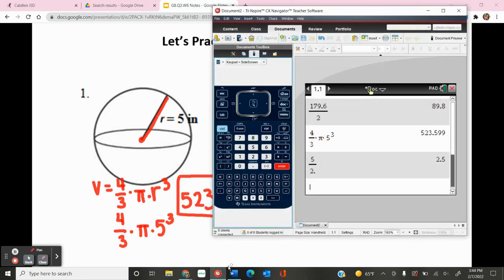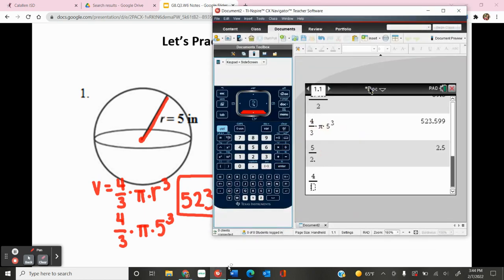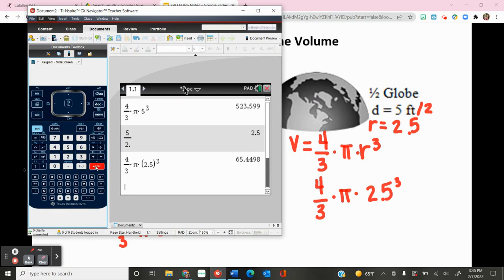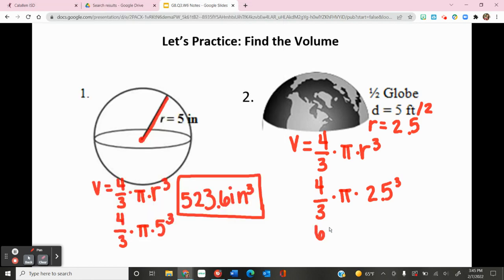Opening up your calculator, we're going to hit Control Divide, 4 on top, 3 on the bottom, times pi, times 2.5 raised to the exponent of 3. So caret top 3. Pressing enter, we get 65.4. Now again, since this is half of a globe, we would have to divide this by 2.